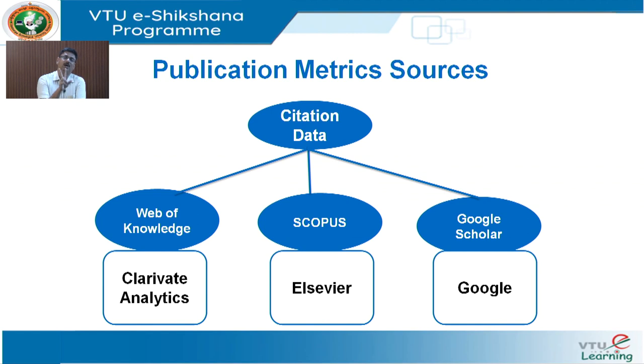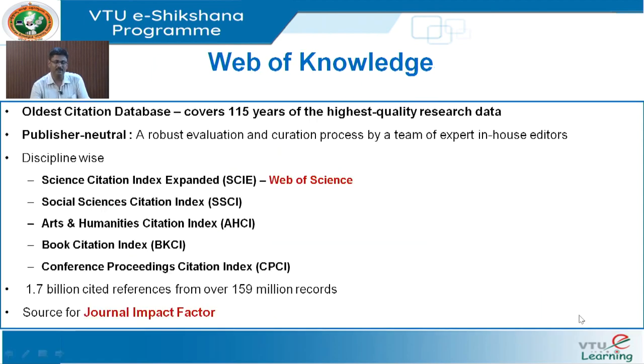These are the two databases which are considered to compute citation metrics which are acceptable by decision making bodies like ranking frameworks, accreditation, and funding agencies. Of course, Google Scholar also gives some citation metrics, but there is no quality parameter involved there. They go by only quantity parameters. So, we will try to understand one by one.